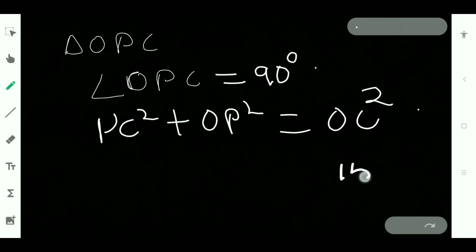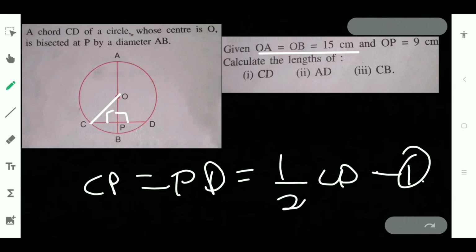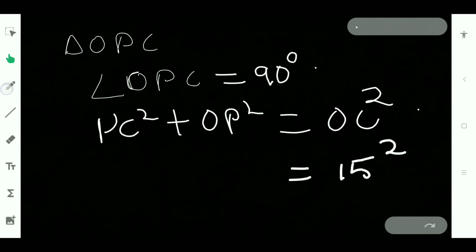Let us write here 15 square is equal to OP square. OP is nothing but 9, so 9 square, plus PC square, which we don't know and which is to be found.